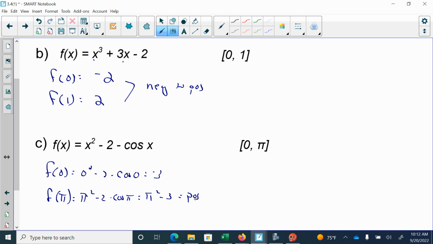But tell me what it is. 8.869. Okay. So I'm going from a negative to positive, so I have to cross the 0. Not hard.